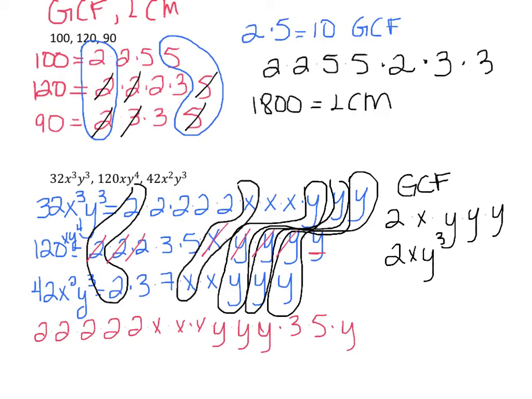Now I move to the next one. There are 5 2's. There is 1 3. There's a 5, which I don't see here, but here's a 7, so I need to tack that onto the end as well. And then when I start looking at x's, again, I've got 3 x's here, so there are 3 x's, and I've got 4 y's, so 1, 2, 3.